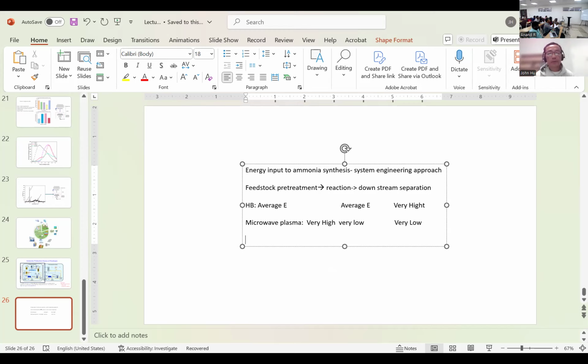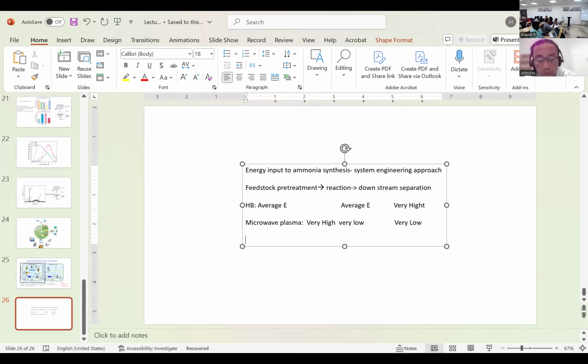Yes, sir. But in microwave plasma, downstream separation is extremely low. Is it possible, sir? Actually, downstream side, yesterday we discussed a few things. One is with nitrogen, another one is without nitrogen. Nitrogen mixed with ammonia, then nitrogen is incompressible.